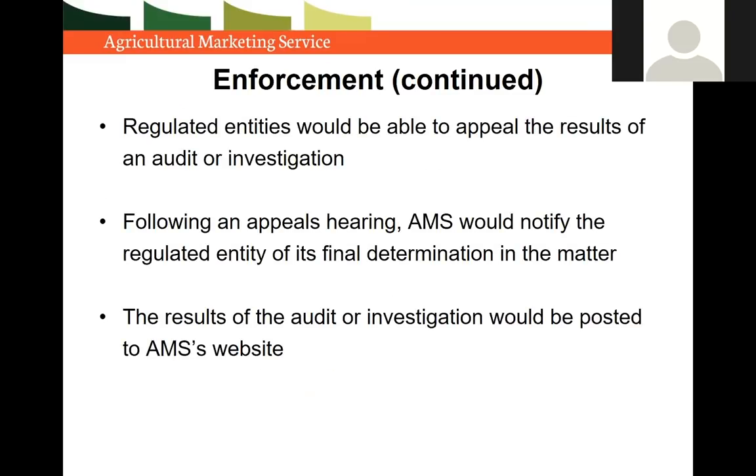Following the audit, the impacted company will be notified and informed of the results. Regulated entities would be able to appeal the results of an audit or investigation, after which AMS would notify the regulated entity of its final determination in the matter. The results of the audit or investigation would then be posted to AMS's website.